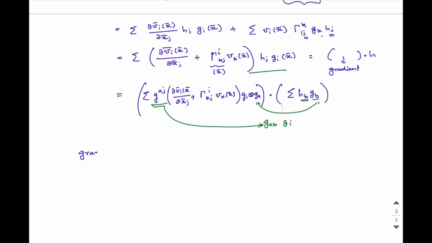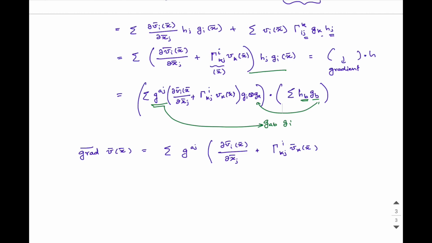So you can see the gradient of v at the point x bar. Okay, so I'll just write it like this so that the meaning becomes clear: summation of g a j times partial v bar i at x bar over partial x bar j plus gamma i k j v bar k of x bar.